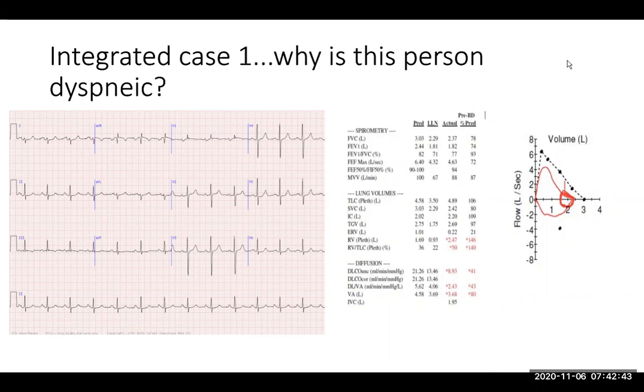So let's start by looking at the EKG first. Does anybody want to go through our breakdown and then tell me in general what you think you're seeing here? So rate, rhythm, axis, intervals, hypertrophy, infarct. Good, sinus rhythm, great.